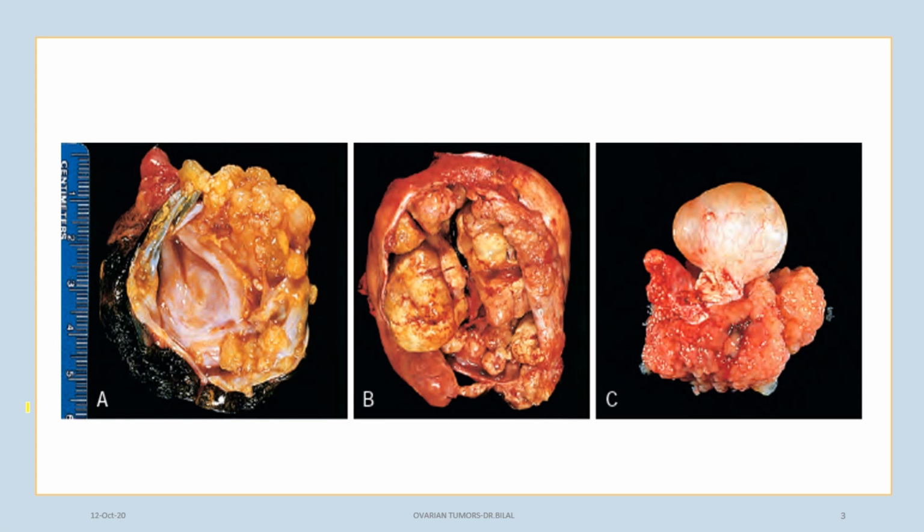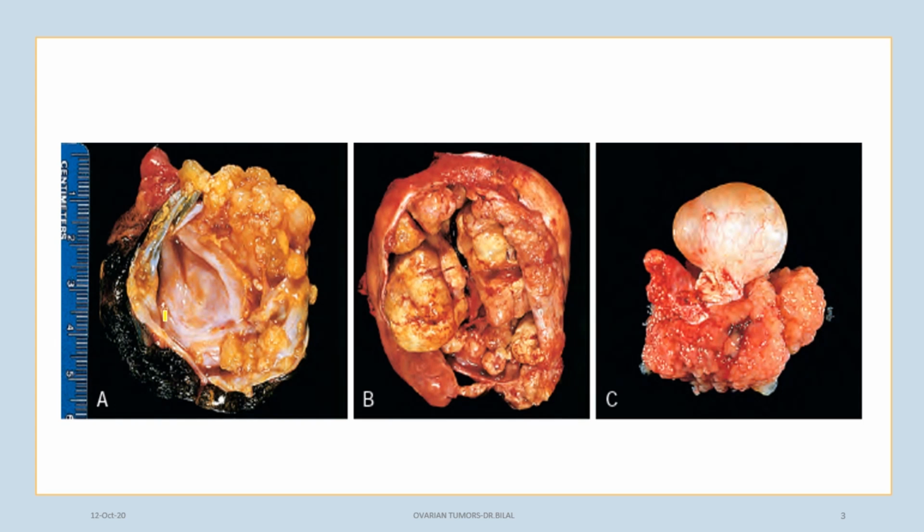Now we first move on to the serous tumors. This is one example of gross morphology, how it looks. In picture A, you can see a cyst that has been opened up. The evidence that it was a cyst is this membrane like structure, this flap like area.